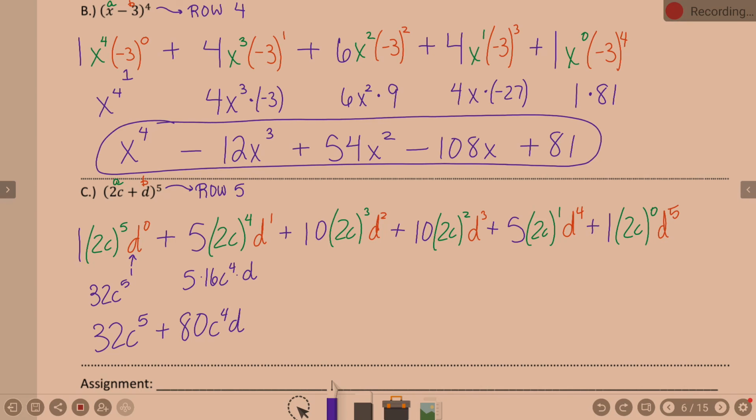Okay, next term. I've got a 10. What's 2c to the 3rd? 8. So 8c to the 3rd times d to the 2nd. 10 times 8 is 80. 80c to the 3rd, d to the 2nd.